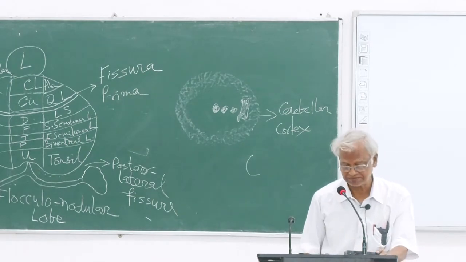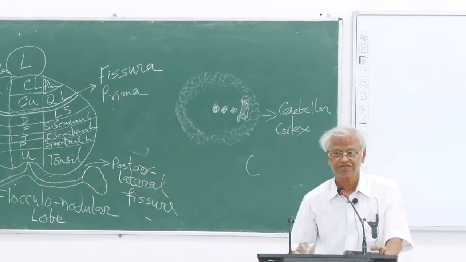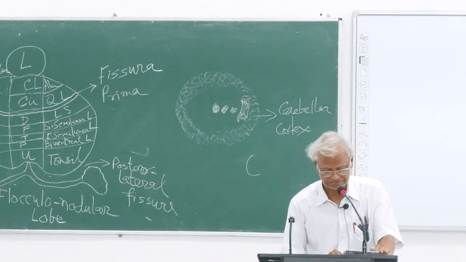The deep cerebellum has four groups, called deep cerebellar nuclei.